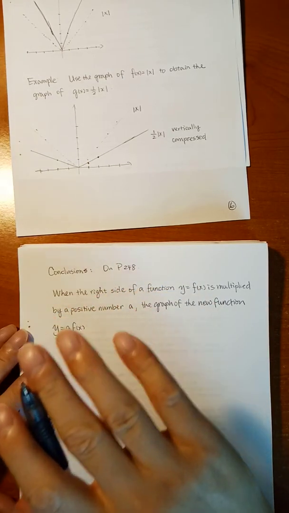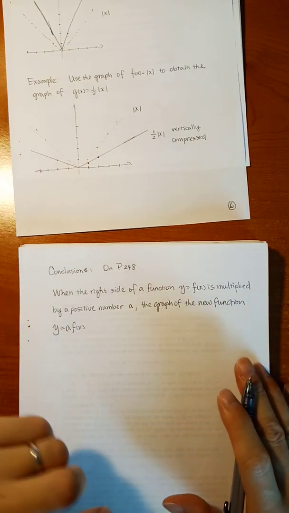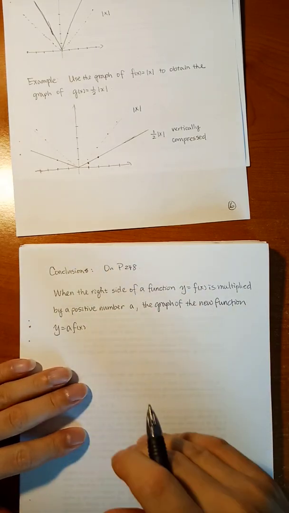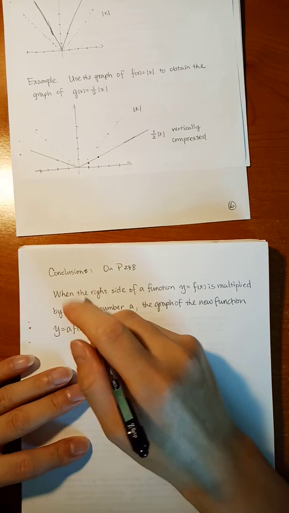A is the coefficient of the whole function. It doesn't matter how many terms you have, you multiply each term by A when I say the addition subtraction. So this is a coefficient for everything.